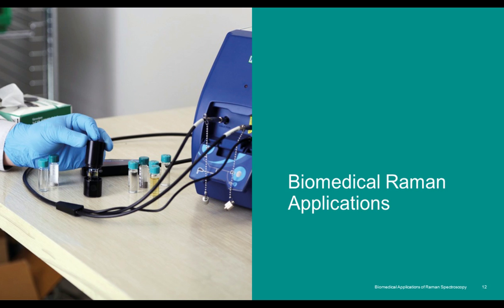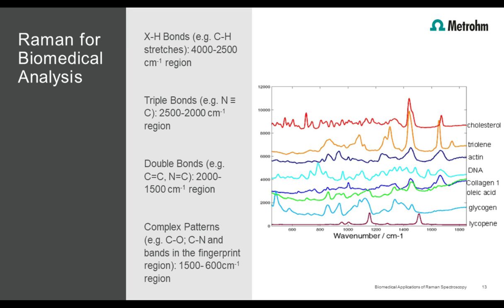So over the past few decades, there's really been a big push for Raman to enter the biomedical field. And the reason for that is that there's a lot of biomolecules that are Raman active. So these have functional groups that have vibrations in their Raman spectra, so we can use them to do different types of studies.